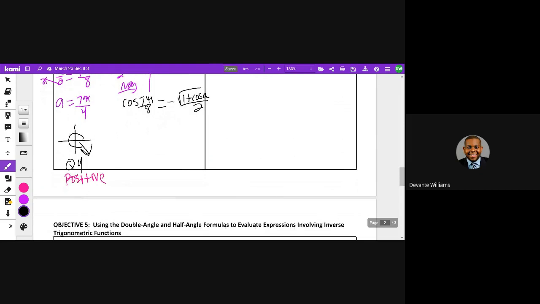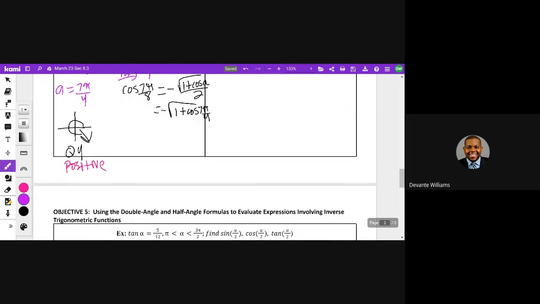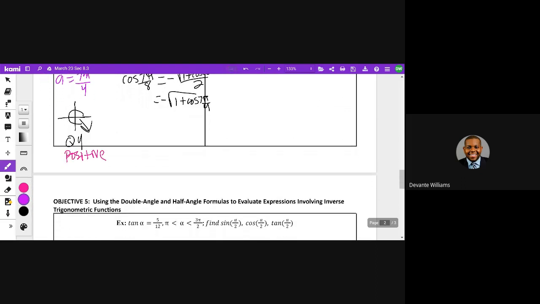Plug it in. It's equal to negative square root of (1 plus the cosine of alpha), and remember that angle alpha is 7 pi over 4. We know that 7 pi over 4 is in quadrant 4, so the reference angle will be pi over 4.